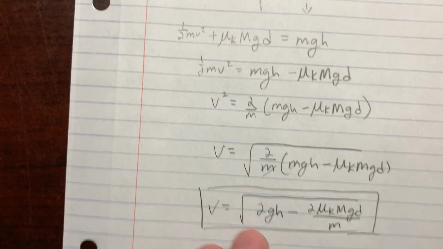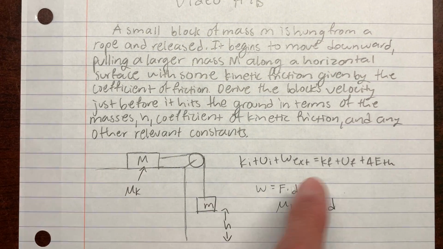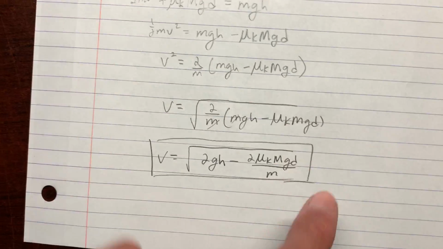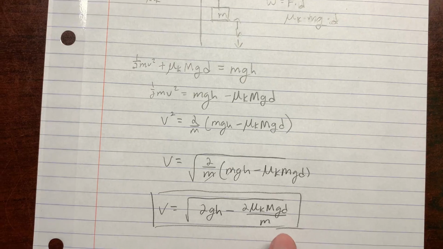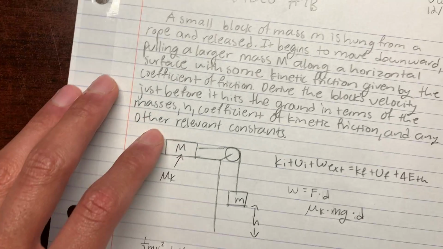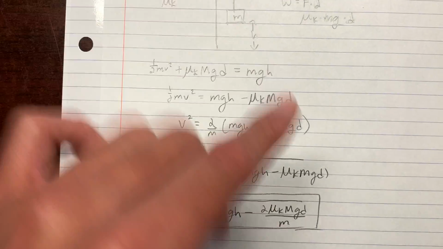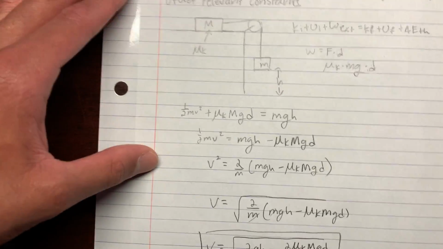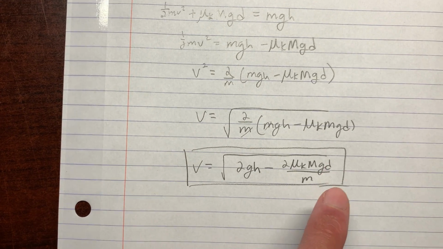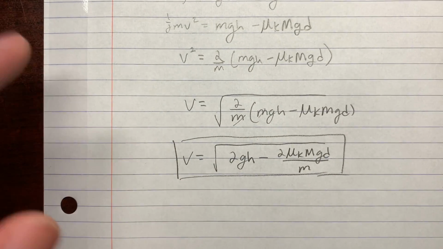And so to check, that is using the masses, which we got both small m and big M, h, which we have included, the coefficient of kinetic friction, which we also used, and any other relevant constants, which would be gravity and distance. And that's the answer.